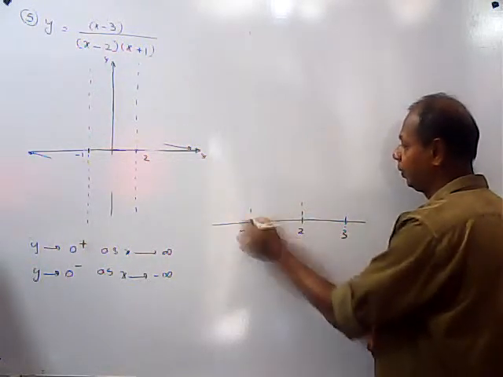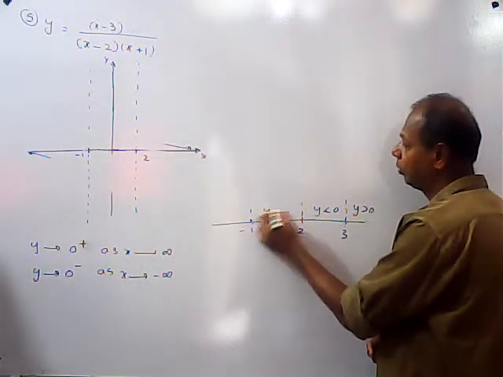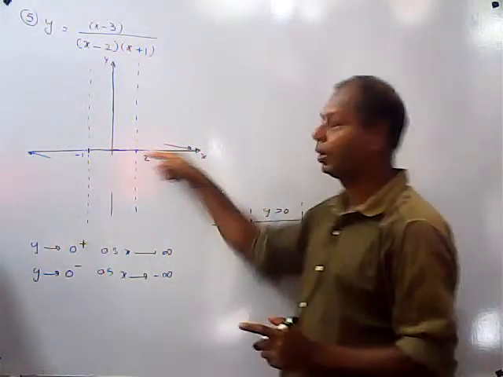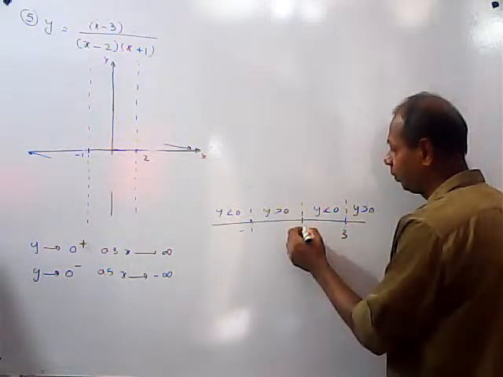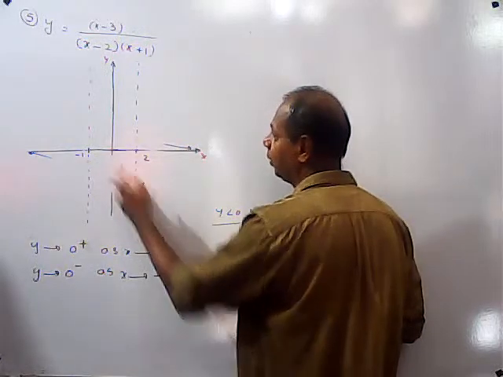So here y is positive, y is negative, y is positive, y is negative. Therefore, right of 2, y will go to negative infinity.